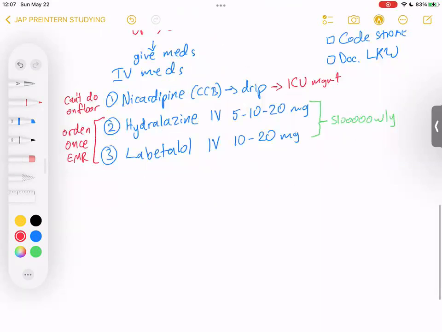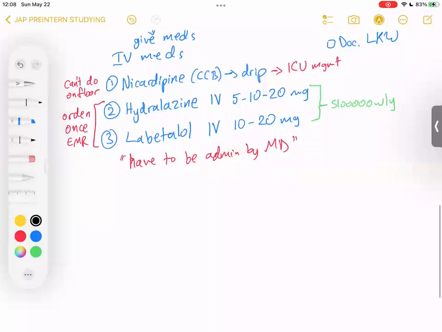So you will see that the nurse will tell you this has to be administered by an MD. So you will need to go and push the medication yourself. The nurse will fill it up for you. So here's 5 milligrams of hydralazine, good luck. And if you've never done it before in your life, it's going to be kind of nerve-wracking. Like, what am I doing here? I've never done this. Okay, but you just have to do it.